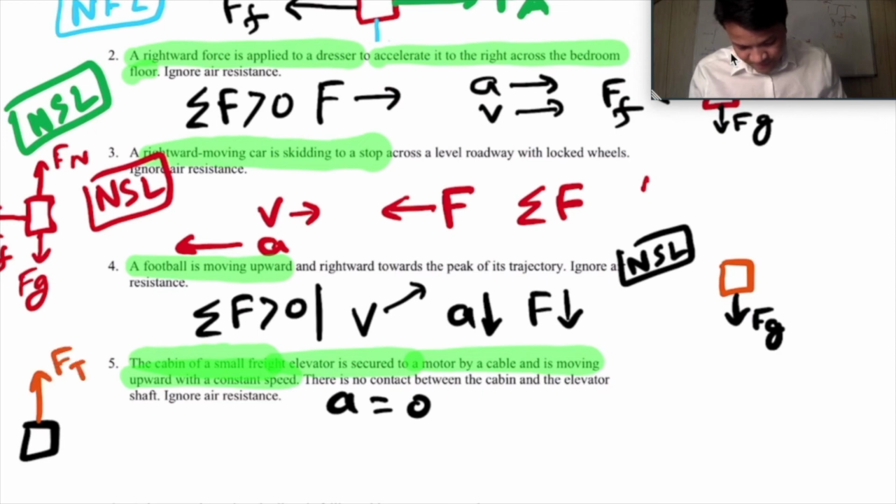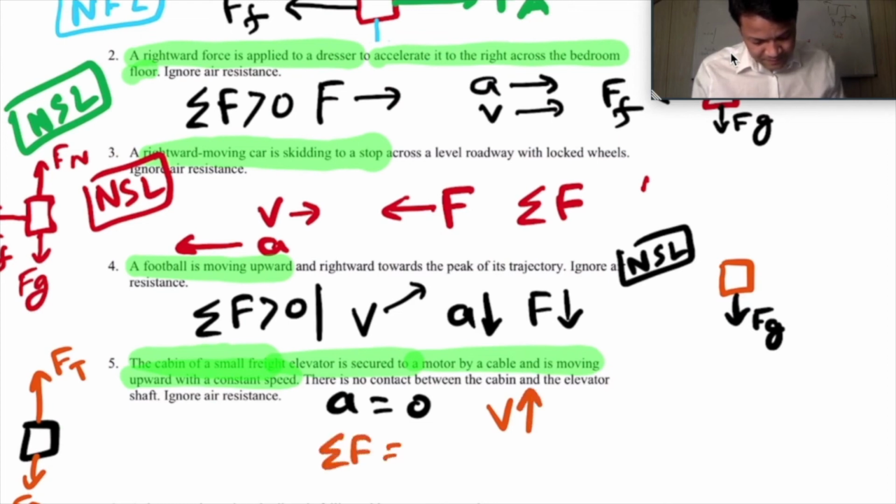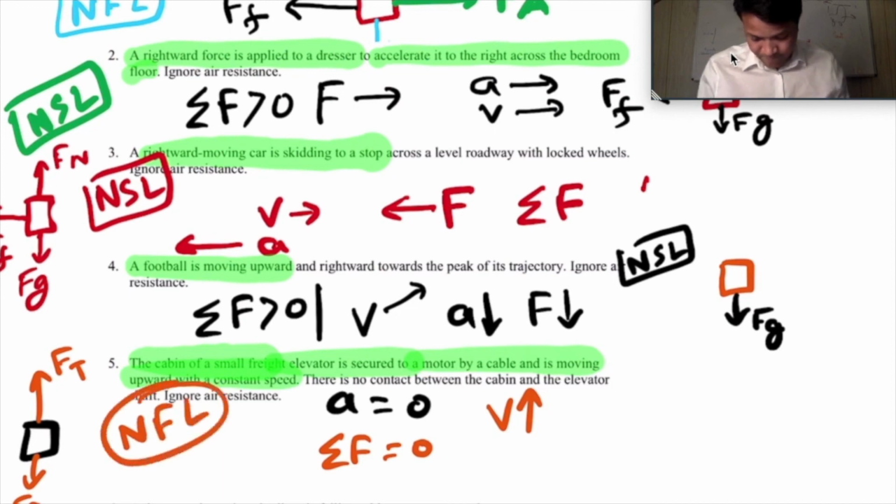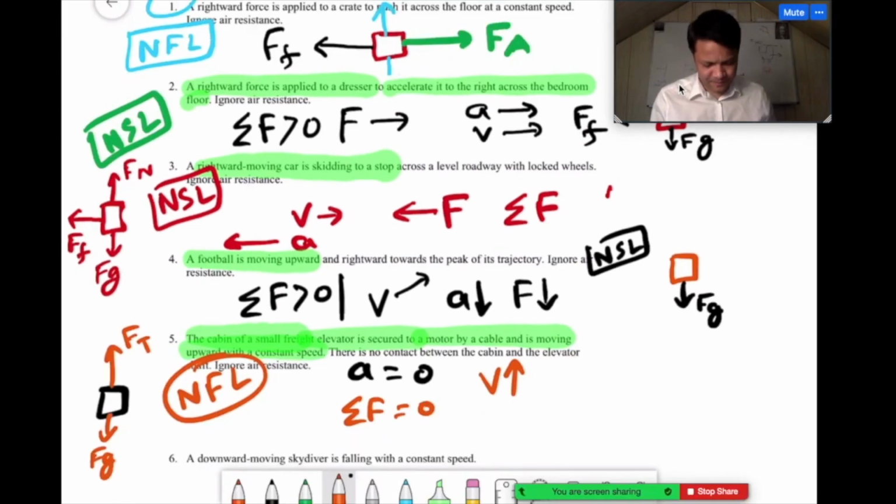F tension, Fg. Alright, so the velocity is up. Since acceleration is 0, net force is 0. So Newton's first law. Tension force is the force on the rope.